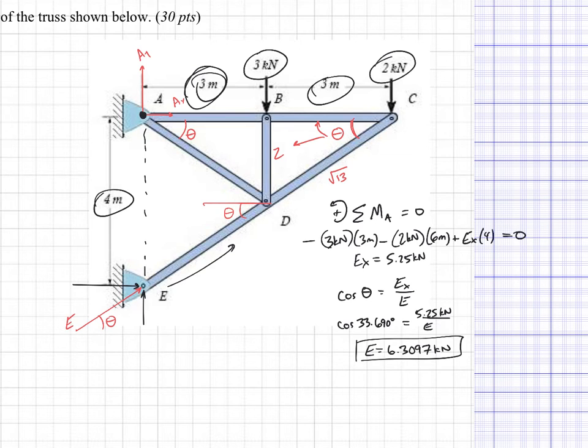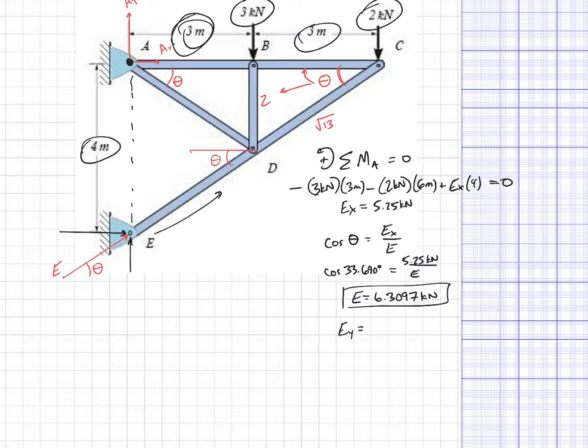And if I do that number times the sine of theta, then I can get EY. EY equals E sine of theta, so EY equals 6.3097 kilonewtons times the sine of 33.690 degrees. So EY equals 3.5 kilonewtons. And there were several ways that you could have ended up getting these numbers.